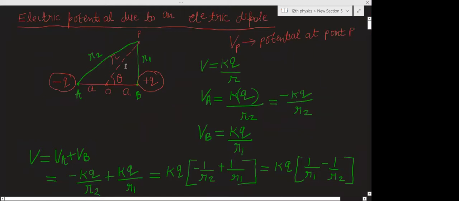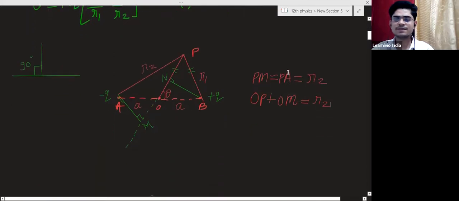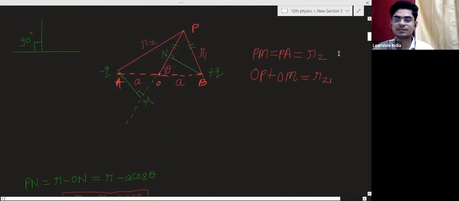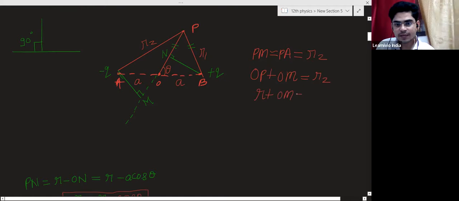R. Very good. I have changed nothing in the derivation. No one can change. Mathematics is absolute. So OP we can write as R plus OM, and this will equal R2. So now we will calculate OM.